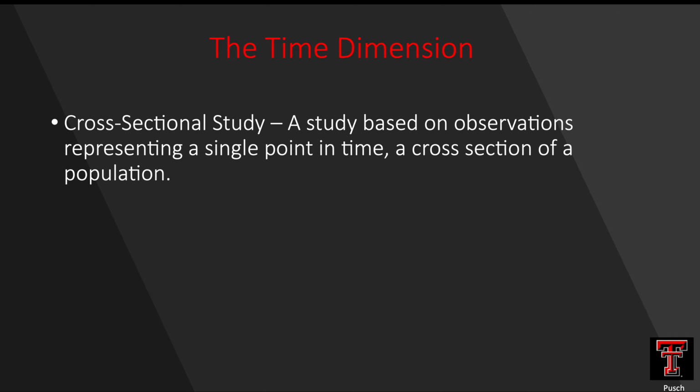Cross-sectional research has a place as well. So these cross-sectional studies are based on observations representing a single point in time. So a cross-section of a population. This basically means you're taking your observations one time. So if you're handing out a survey for people to fill out, you're getting them to fill out the survey, you're getting it back, and that's that.